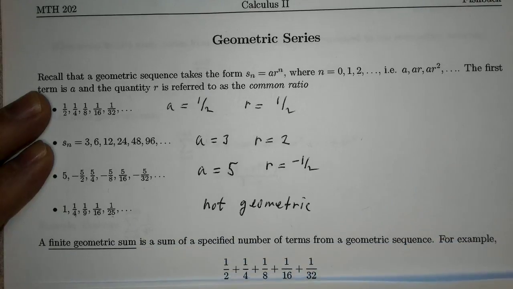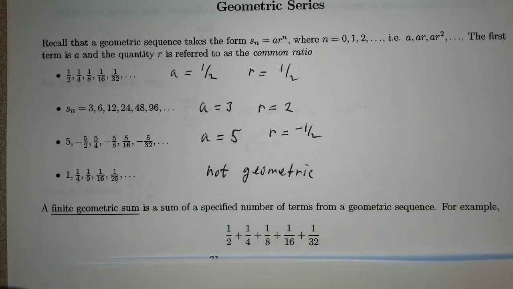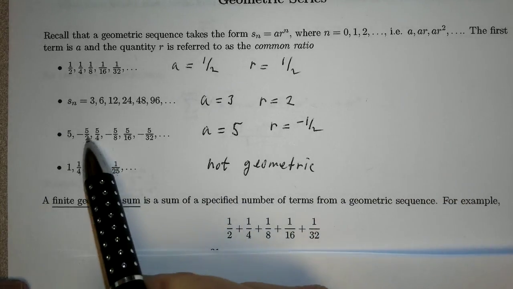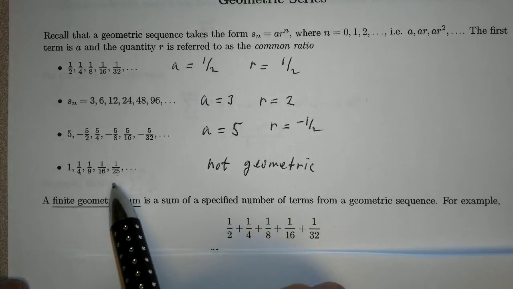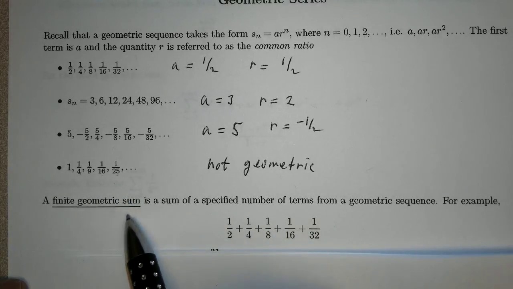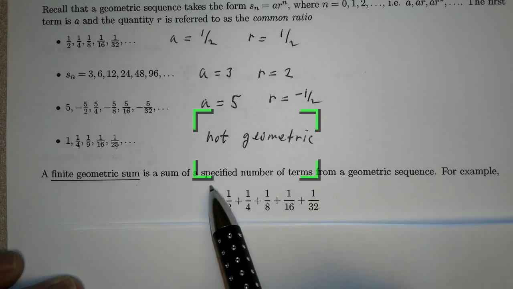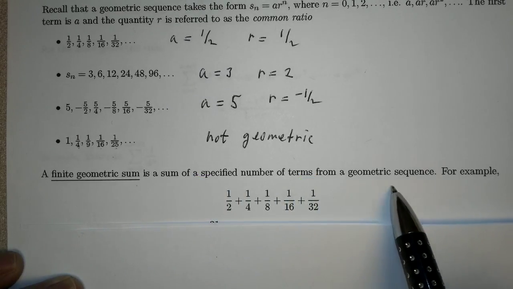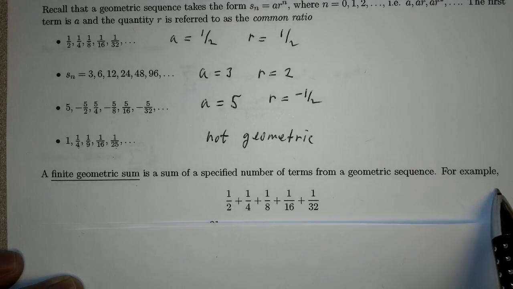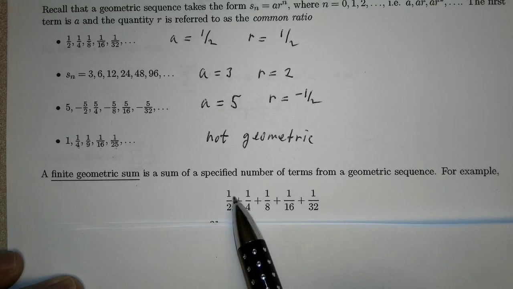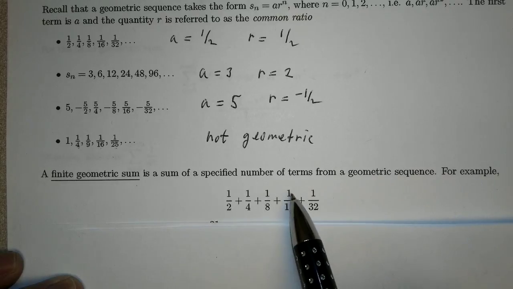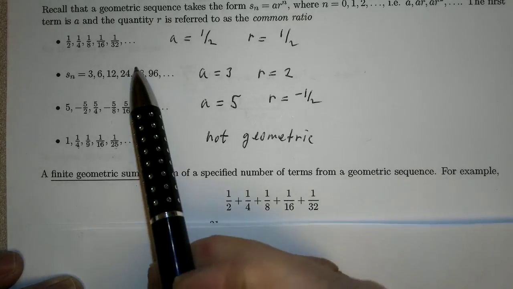Now the focus of section 9.2 is what happens when we take individual terms from a geometric sequence and we add them. We call such a thing a geometric sum. A finite geometric sum is the sum of a specified number of terms from a sequence. For example, here's a geometric sequence, 1/2, 1/4, 1/8, 1/16, 1/32, so on.